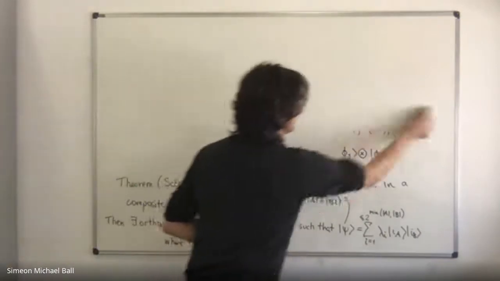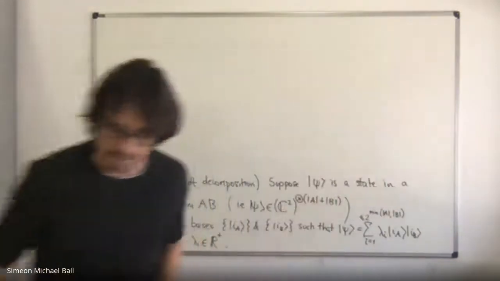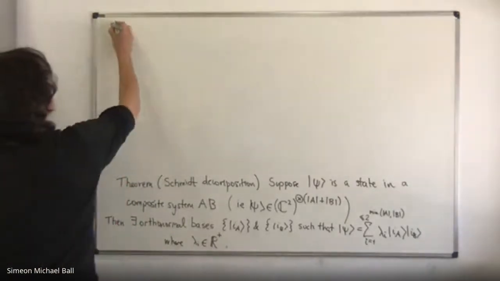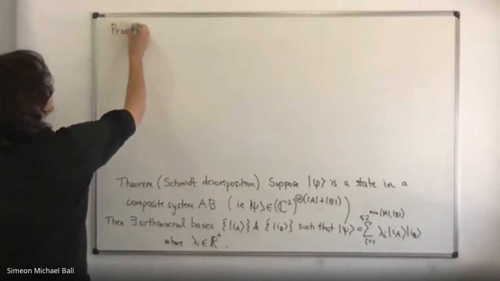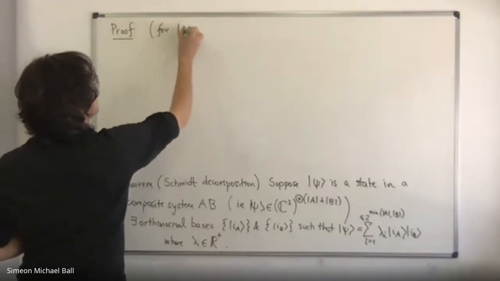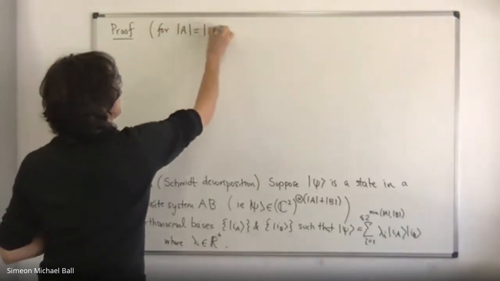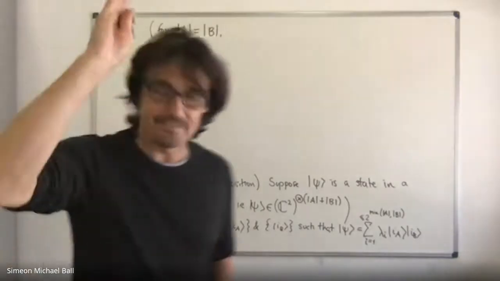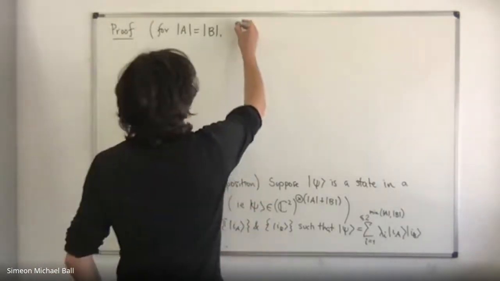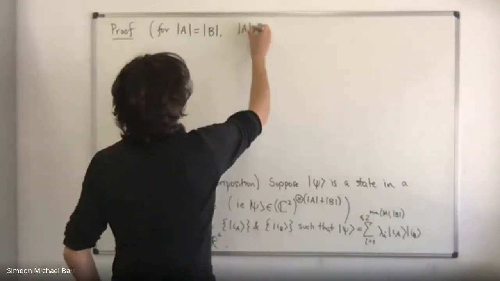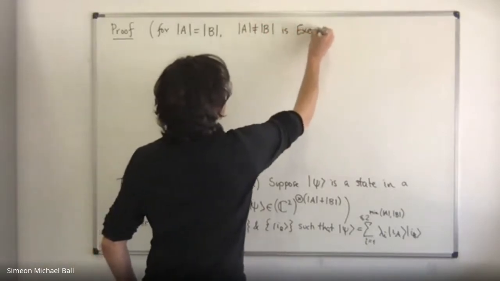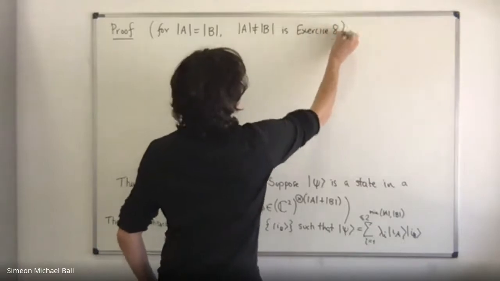So now we're going to see all our hard work from Tuesday paying off. Now, I am going to cheat. I am going to assume that A and B have the same size, but I have done the case A is not equal to B, and that will be exercise 8.